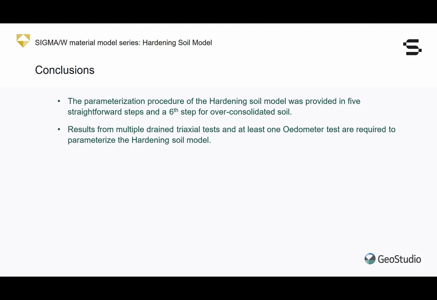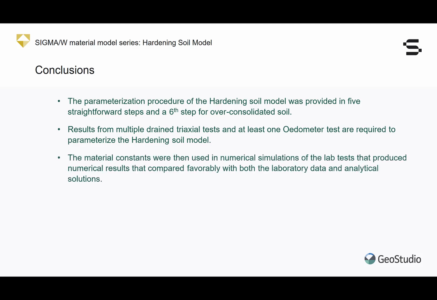In the absence of oedometer data, approximations can be used to obtain the reference oedometer stiffness and the K0 NC, or normally consolidated earth pressure coefficient, inputs. The material constants were then used in numerical simulations of the lab tests, and the numerical results were shown to compare favorably with both the laboratory data and analytical solutions.